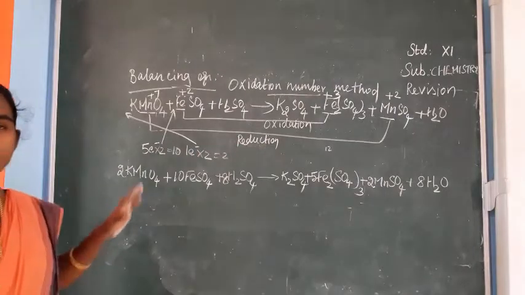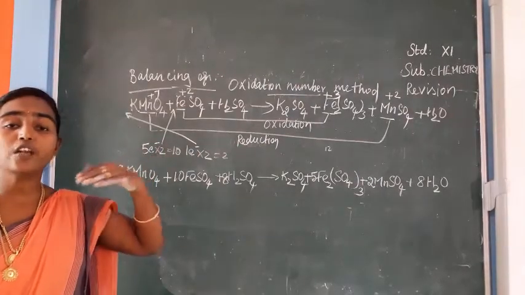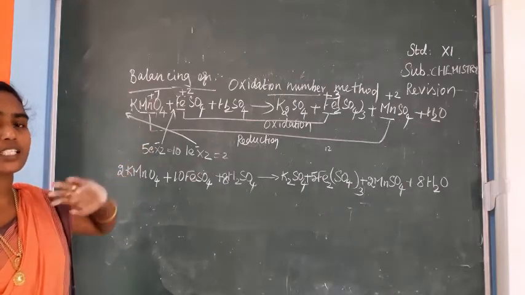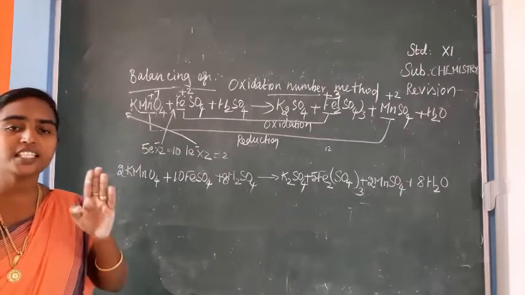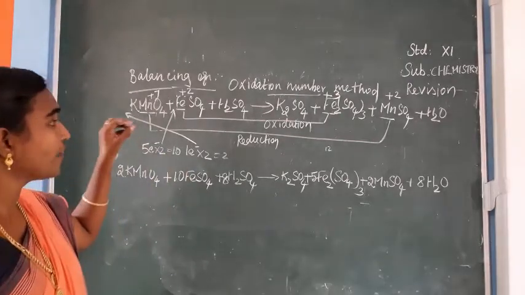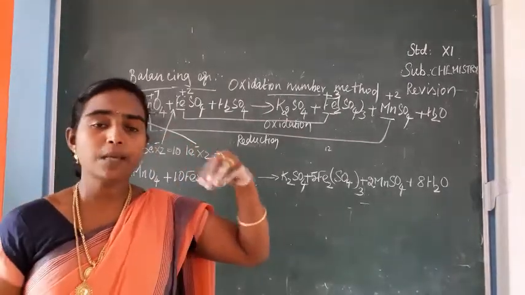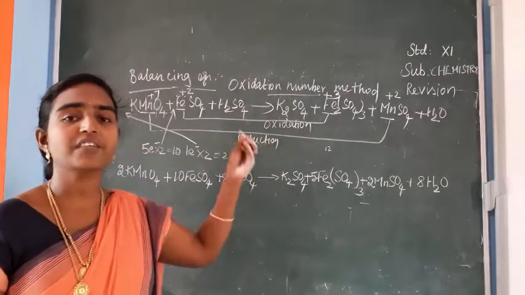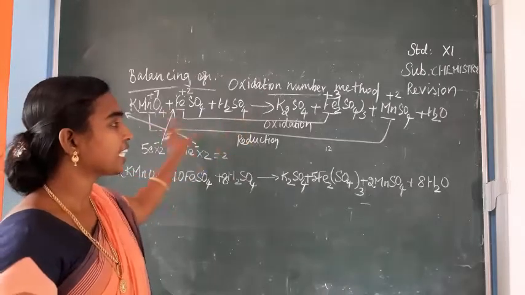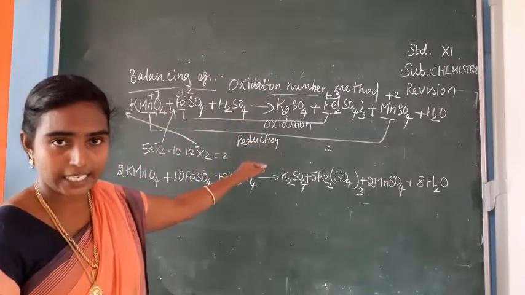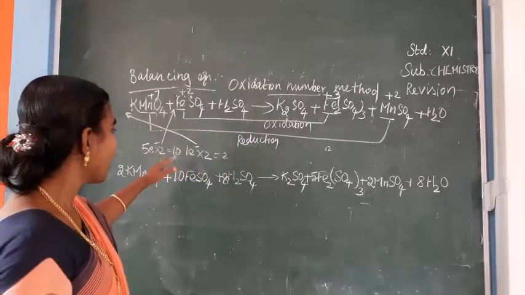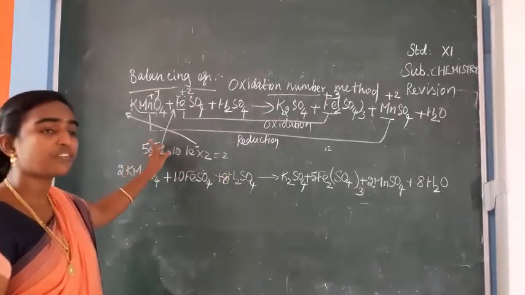The question will be, how will you balance the following equation using the oxidation number method? What is the first step? First we have to find out the element which is getting oxidized and which is getting reduced. Depending upon that oxidation and reduction we mark it like this. After marking, we find the difference in the number of electrons.